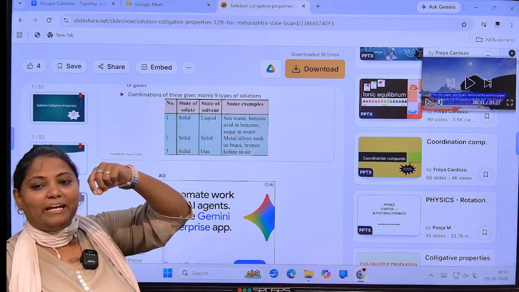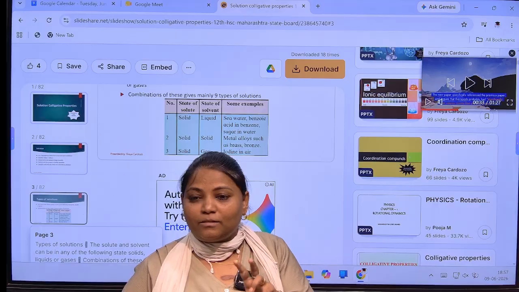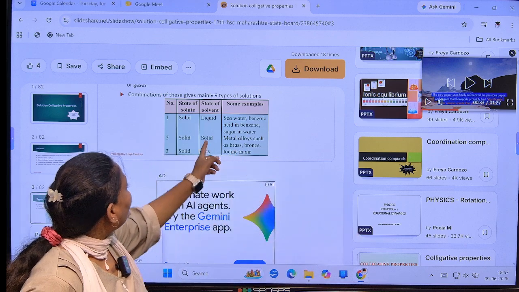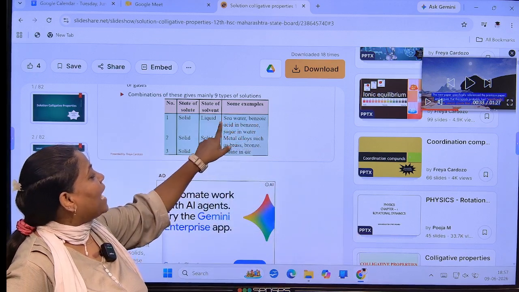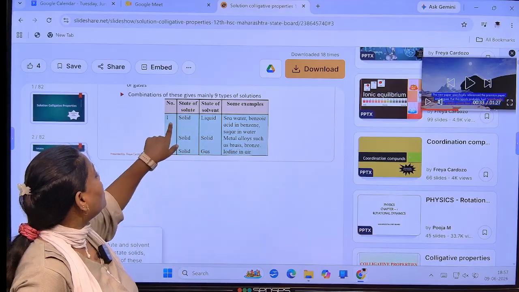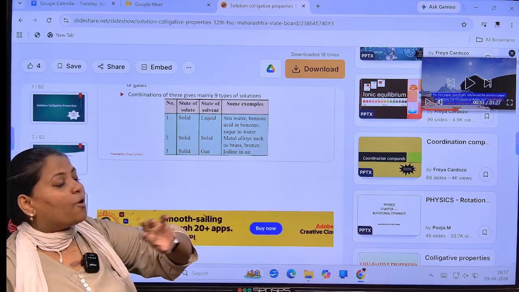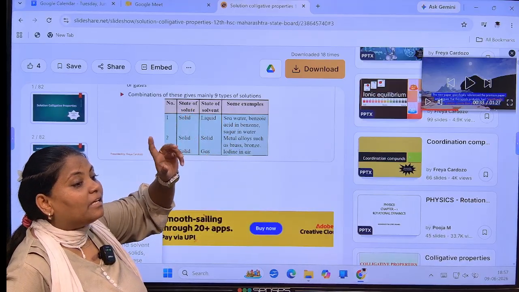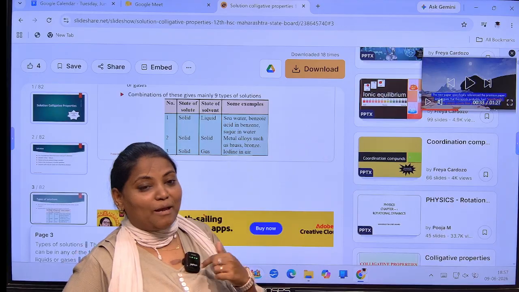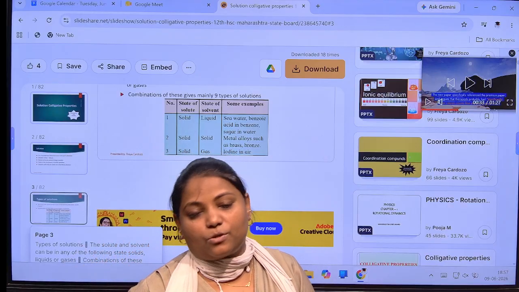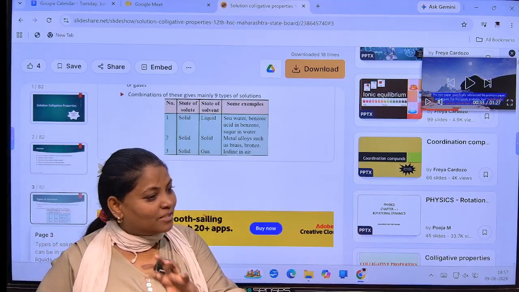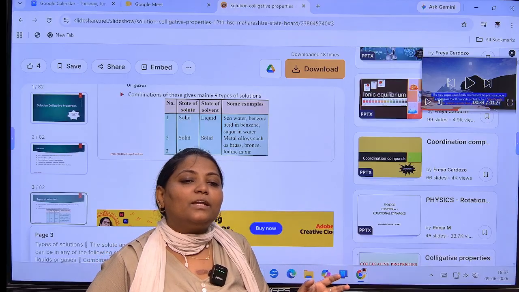We added it in the water. What was the state of the water? Liquid state, right? So seawater, benzoic acid in benzene, sugar in water, these are examples of solid-liquid solutions. So our lemon juice is also a solid-liquid solution, because the solute is in solid and the solvent is in liquid state.